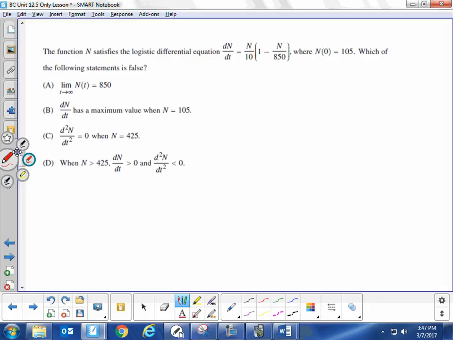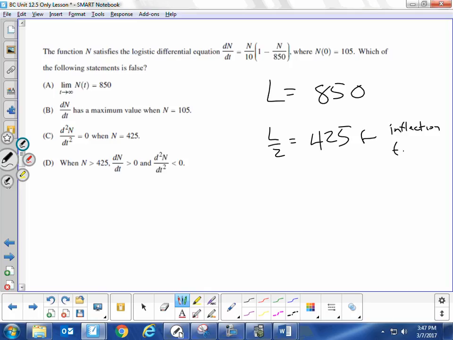Go ahead and, knowing that L is 850, which means L over 2 is 425, which is the inflection point for N. Which one is false?